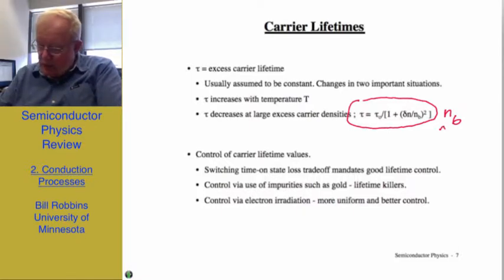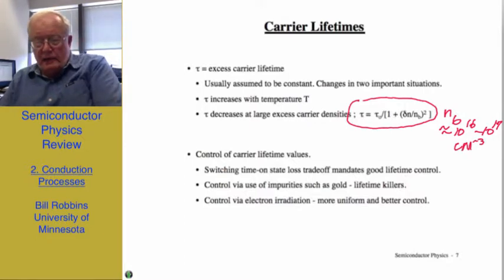N sub B is on the order of 10^16 to 10^17 per cubic centimeter. The low-level lifetime tau0 is the carrier lifetime at low excess carrier densities on the order of 10^15 or less.